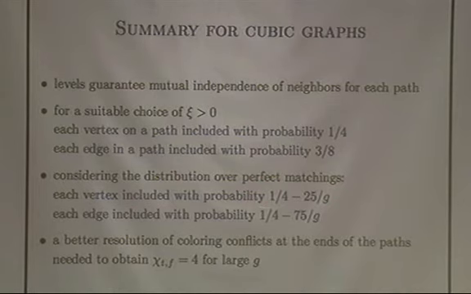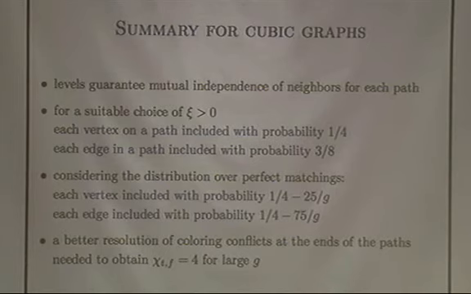So I just multiply that number by 1/4. And the probability that an edge is included is this number. And as we said at the beginning, if I manage to find a probability distribution where every vertex or edge is included in a total independent set with some probability, then I have an upper bound of 1 over that probability. So in this case I have an upper bound of 4 plus something, and that something goes to 0 as the girth grows.